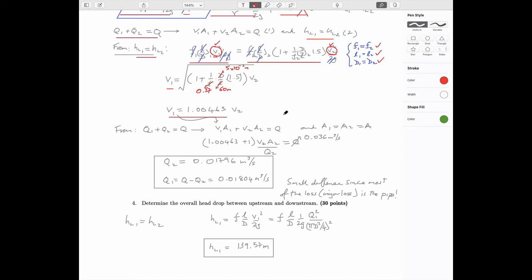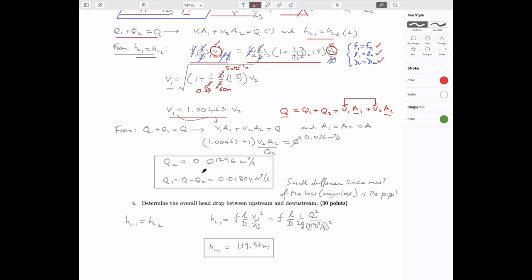And if we know then from continuity that Q total is equal to Q1 plus Q2, which is the same as V1 A1 plus V2 A2, then we know the areas, we know what this is, and we know what these are relative to each other.